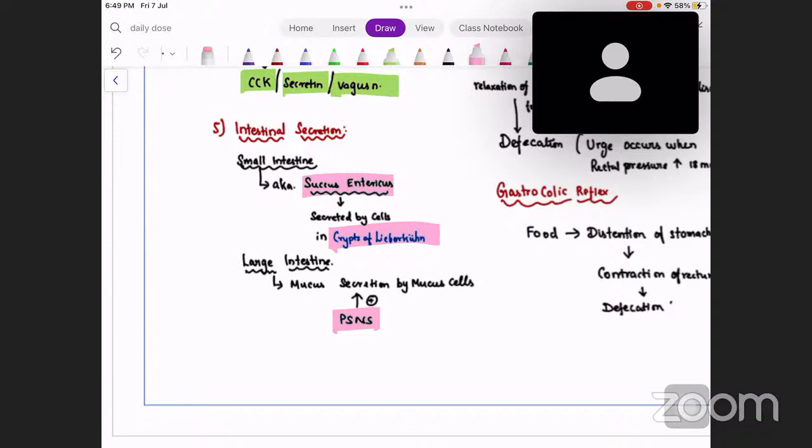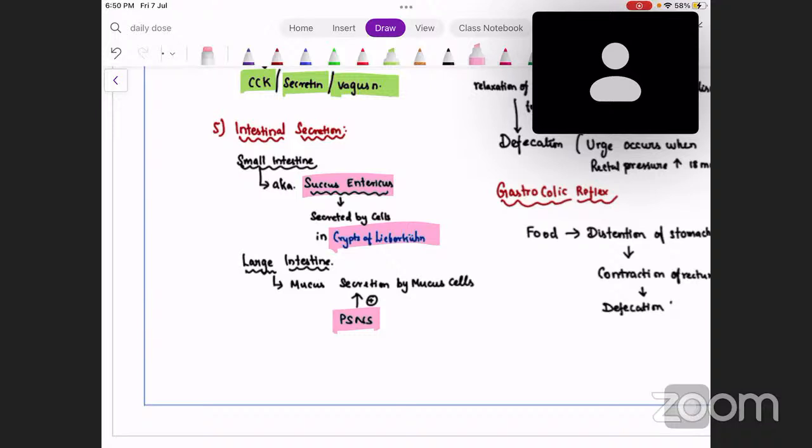Zymogens. The rate limiting enzyme of bile acid synthesis is 7-alpha hydroxylase. Okay.